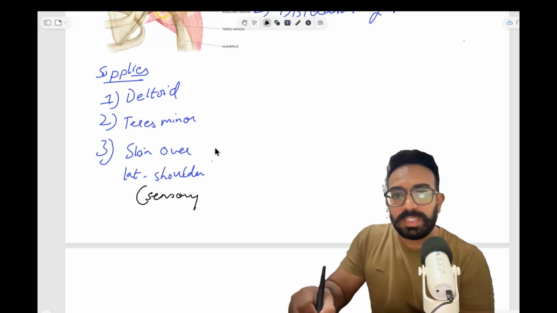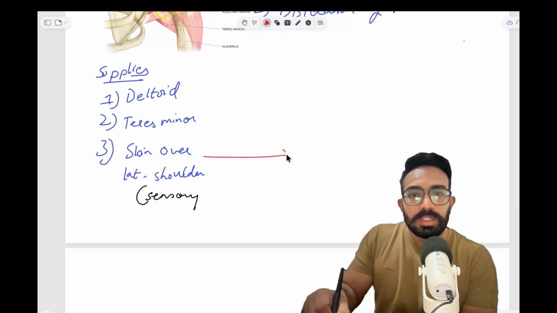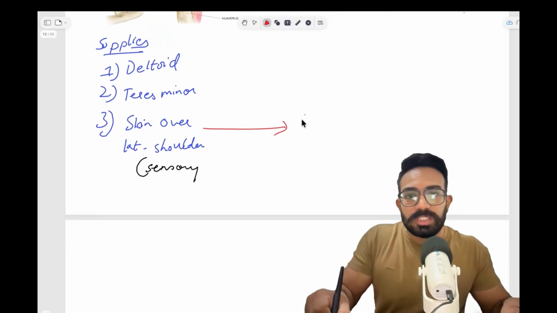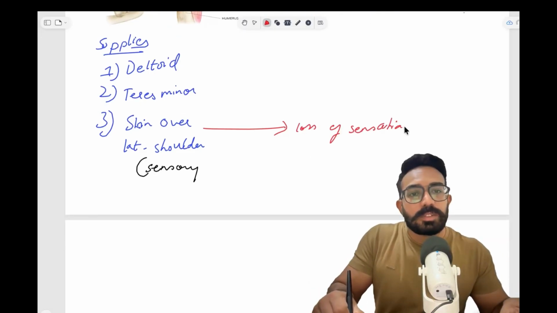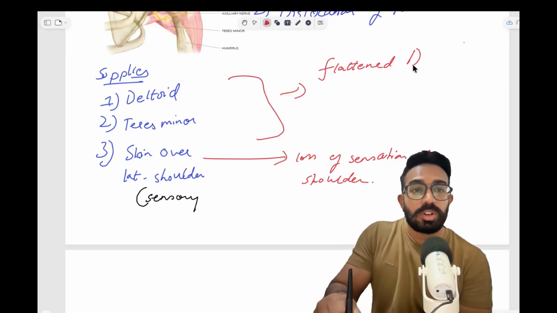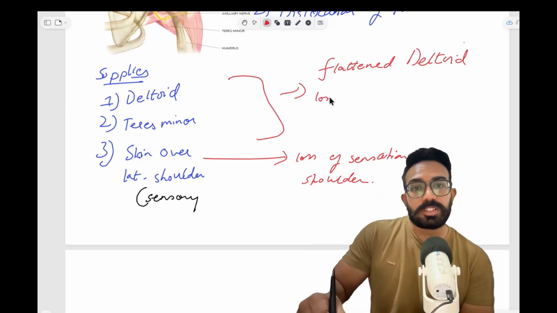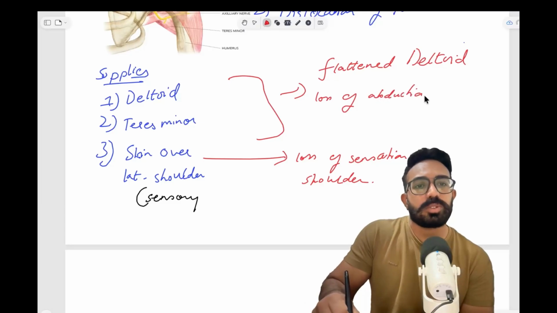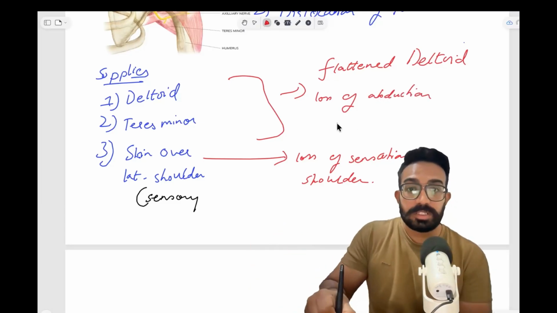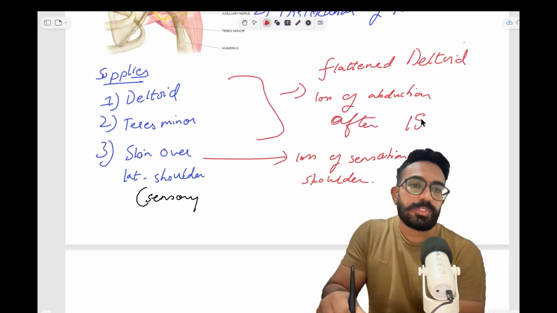So we start the effects of axillary nerve injury with loss of sensation over the lateral aspect of the shoulder. Then there is a flattened deltoid, which has lost its circularity, and loss of abduction. This is very important because examiners like to test on this. Loss of abduction after 15 degrees.